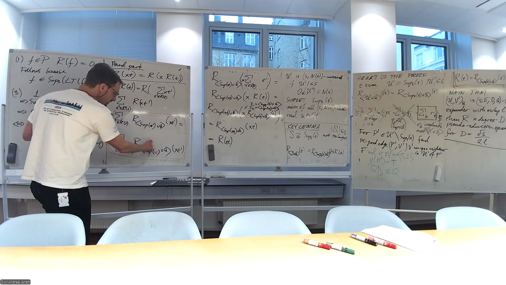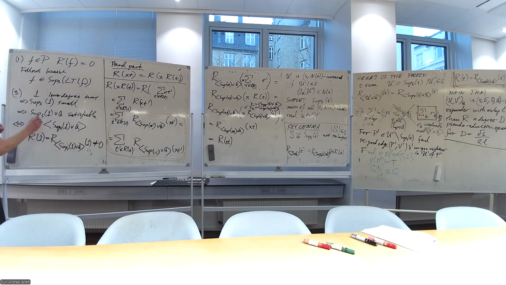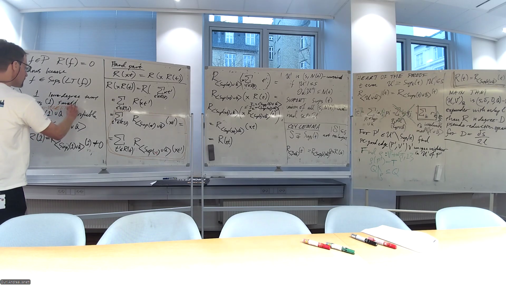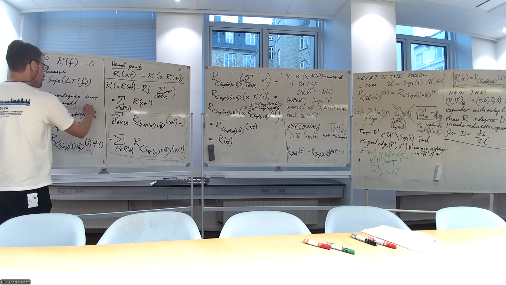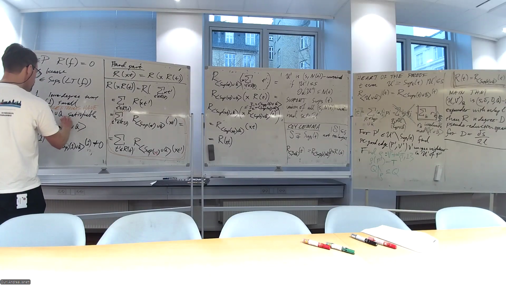I need to prove this lemma to you. I need to prove that low-degree terms have small support, and that they are satisfiable.